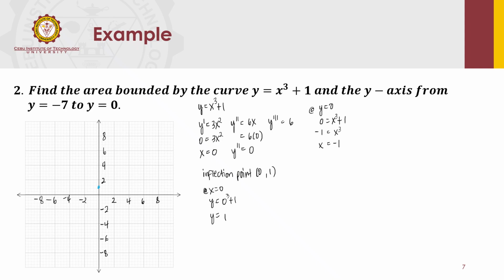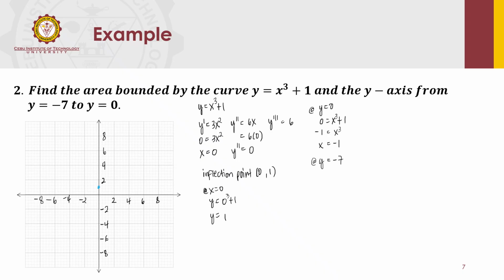There is another set of x values if I equate this to 0, but it would lead to complex or imaginary numbers. So only x equals -1 would give a real number.